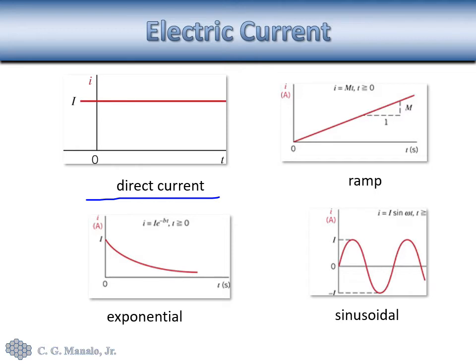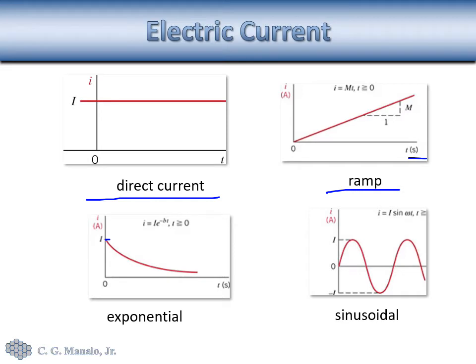Now for the alternating current, we have actually several representations of this. In fact, as long as the current is changing, we have what we call an alternating current. So here we have the ramp, where the current just keeps on increasing with time. We also have the exponential, where current starts at a high value but decreases with time.